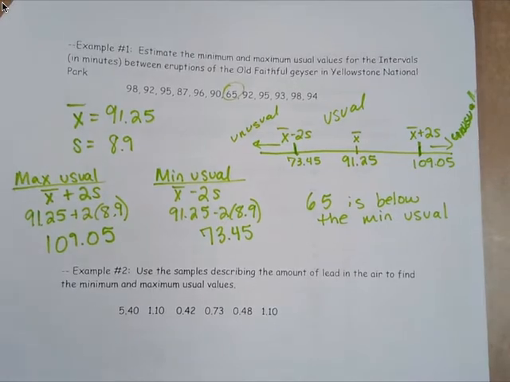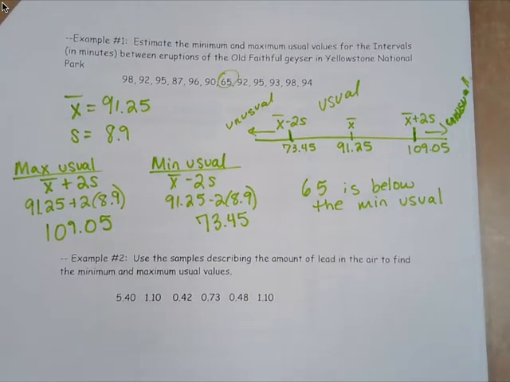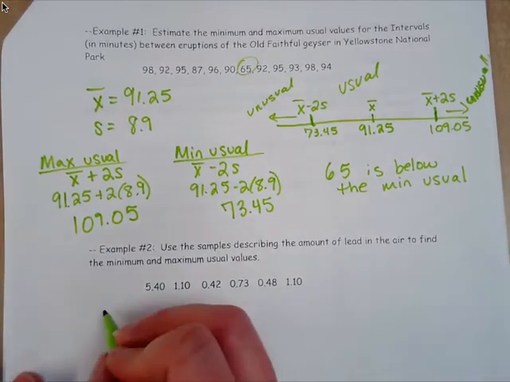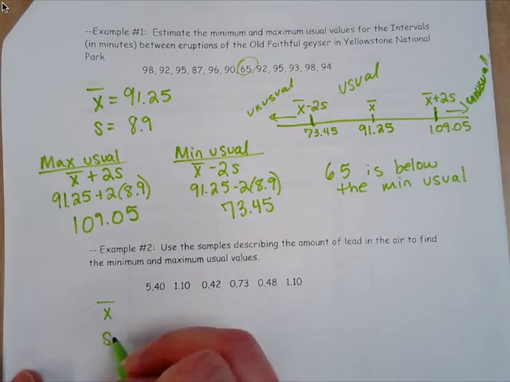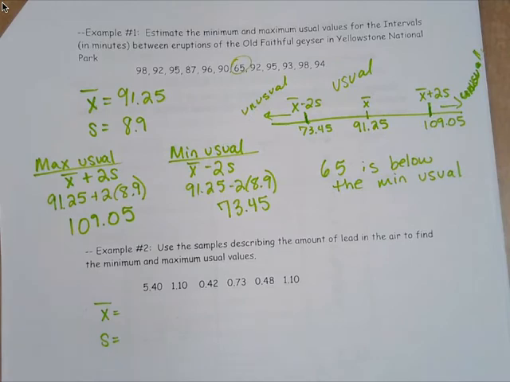Okay, let's look at example 2. Use the samples describing the amount of lead in the air to find the minimum and maximum usual values. So X bar and our standard deviation. We just wrote that on the last page.